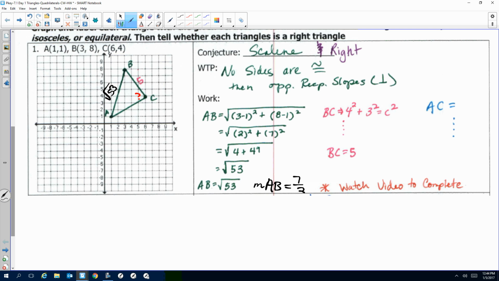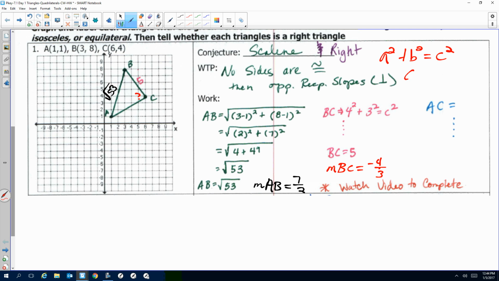So I'm going to go back to my slopes, just looking at the slope of BC. Again, I'm going to do my rise over run, down 4, to the right 3. So I have a negative 4/3. Now, instead of doing distance formula, I can do Pythagorean theorem with these numbers. What I was showing you here is Pythagorean theorem: a squared plus b squared equals c squared.